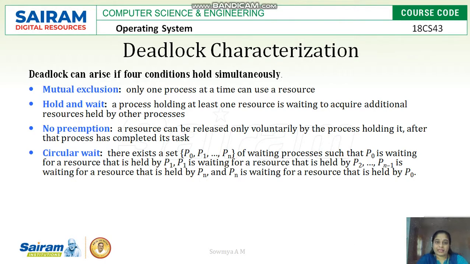So this may lead to deadlock. Next one is circular wait. There are multiple processes waiting for each other in a circular queue, and the resource held by each process may be required by another process. This makes a deadlock condition arise.